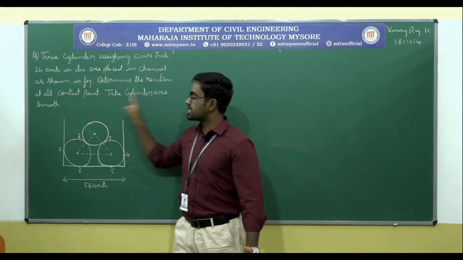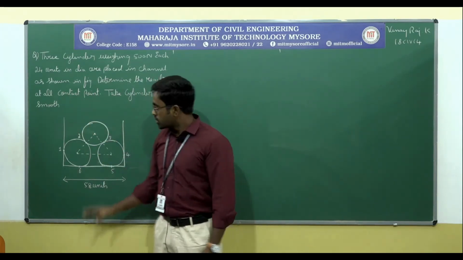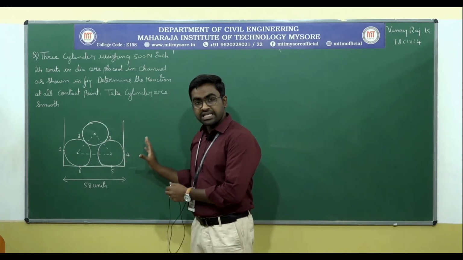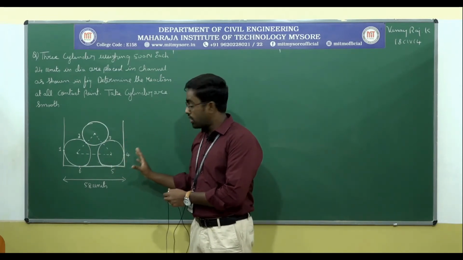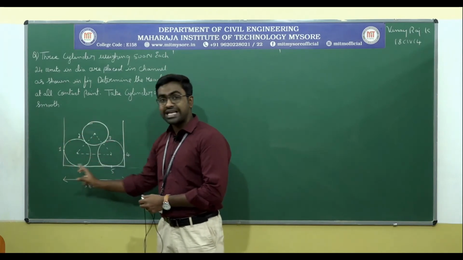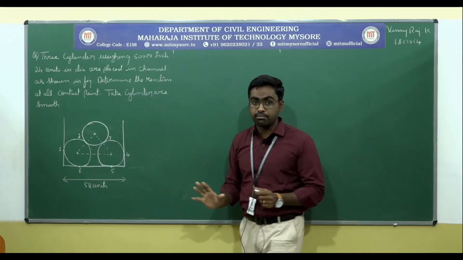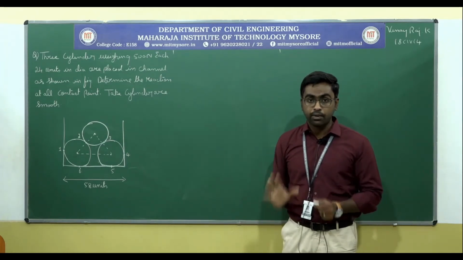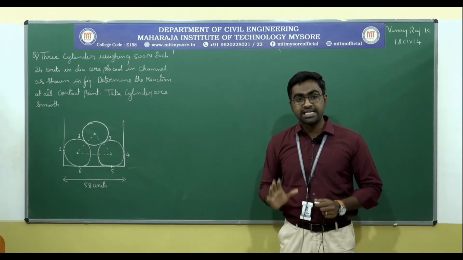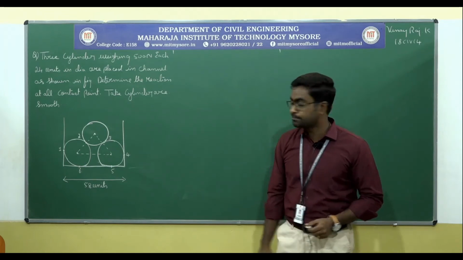Take the cylinders as smooth, right? So this complete system has 3 cylinders and all the 3 cylinders are placed in a channel. This complete system is in equilibrium. All the cylinders are in equilibrium because they are placed in a channel, right?